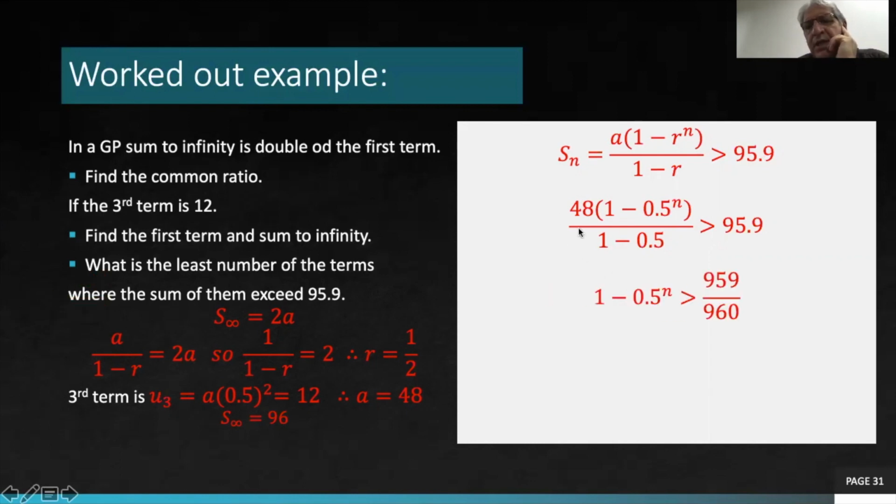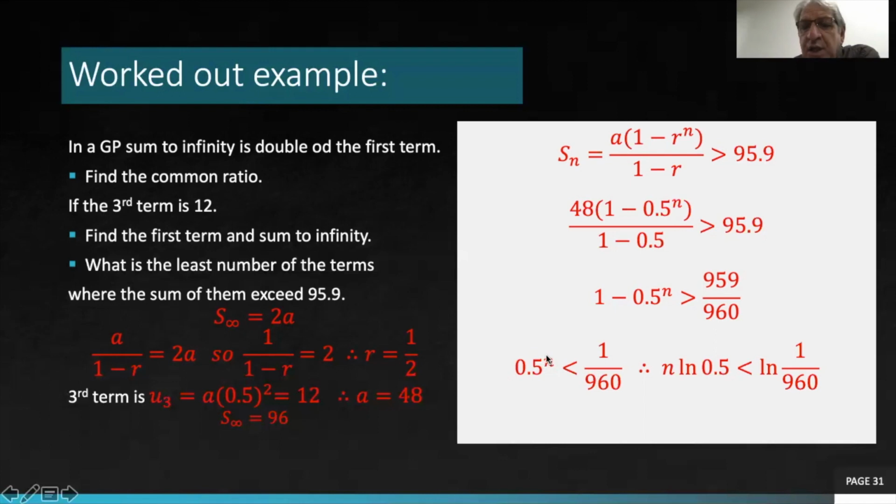You just multiply this, therefore you can divide this number. You're going to get 1 minus this equal to this much. Okay, then after that, you take this to that side, bring this side, simplify this. You're going to get 0.5 to the power of n is equal to 1 divided by 960.